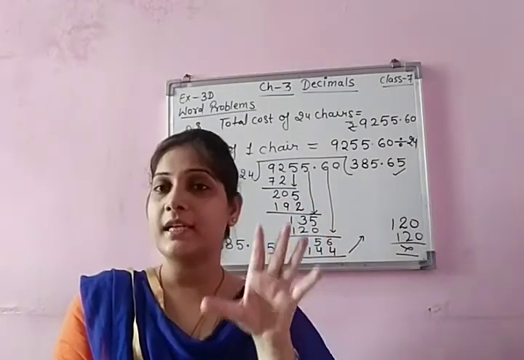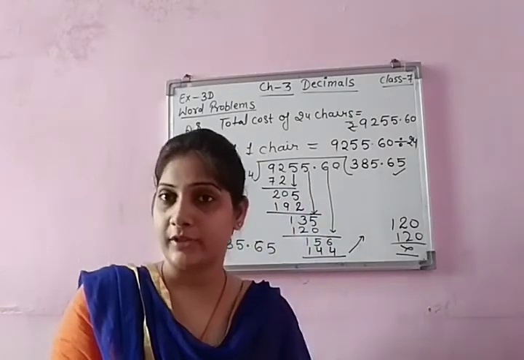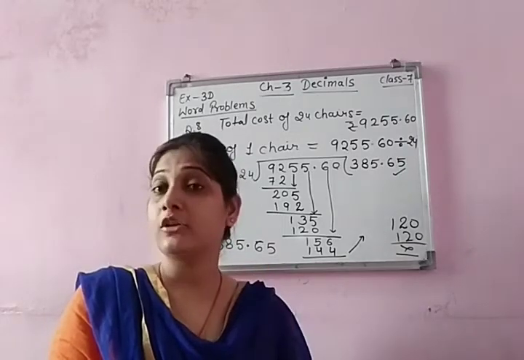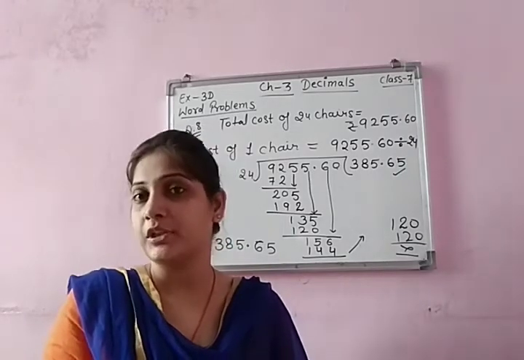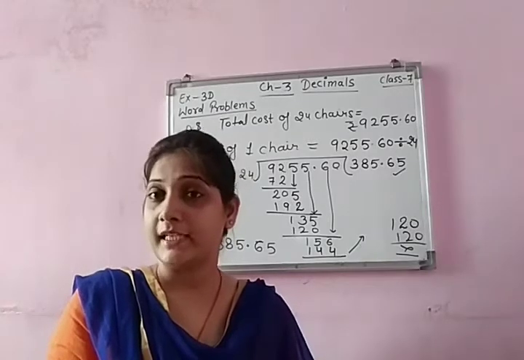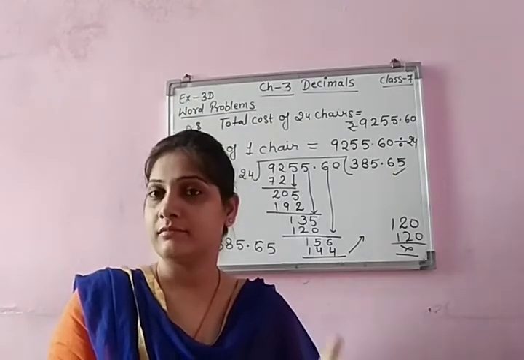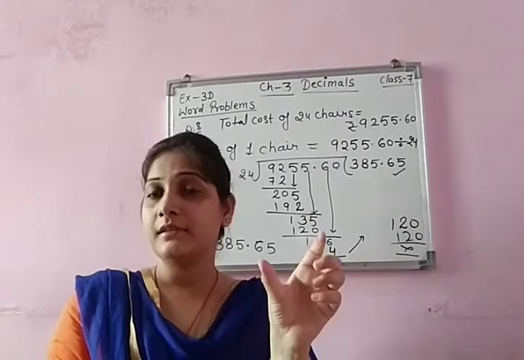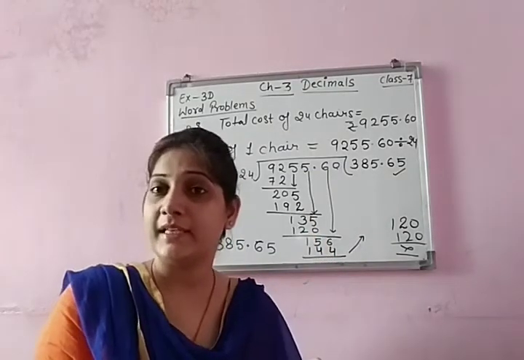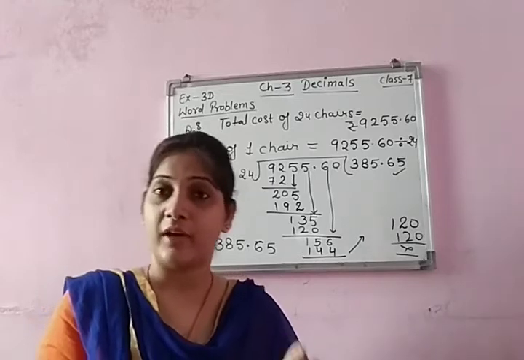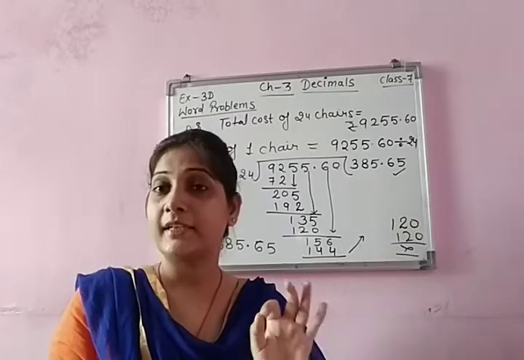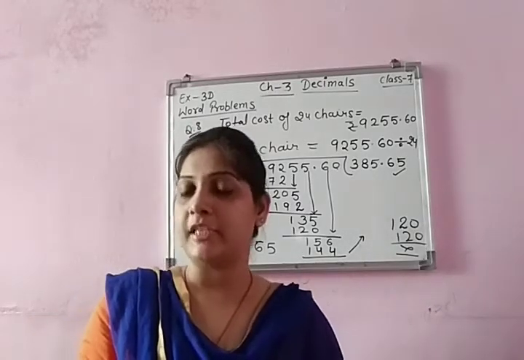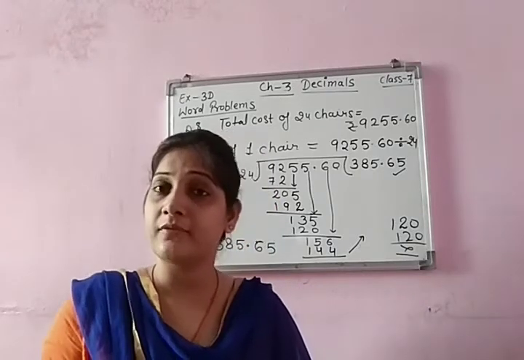So the total length of cloth is 45 meter and the length of cloth required for one shirt is 1.8. So number of shirts: the second formula, number of things, how to calculate? Total length divided by the length of one piece, one shirt. Okay. So 45 divided by 1.8. You need to solve it yourself.